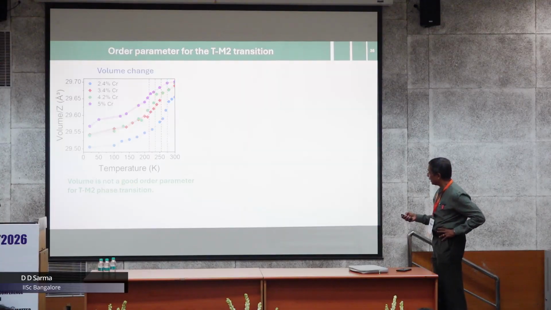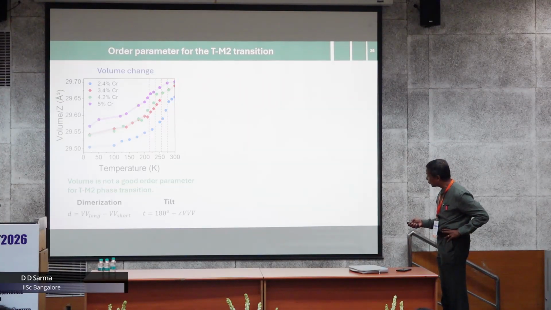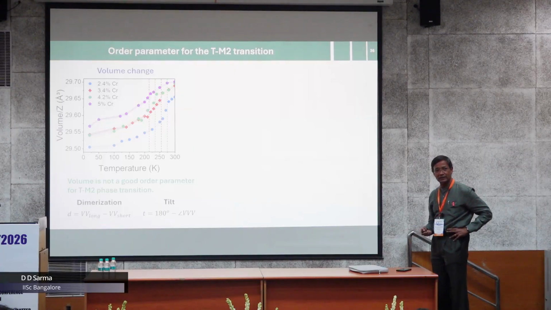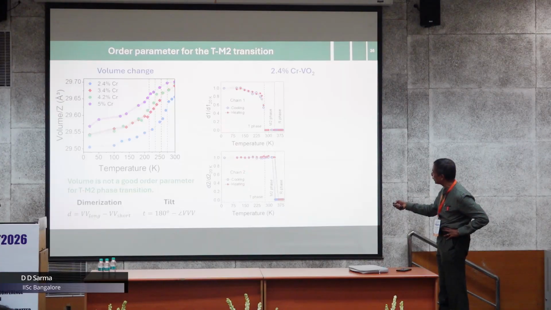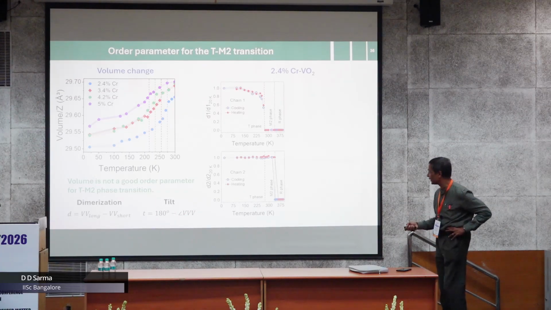But this is where my student Shayak looked at it rather carefully, and he said, let's look at the dimerization and tilt from the crystallographic data. We know that chain 1, if I'm looking at only the tilt, and the tilt is now defined as the long bond minus the short bond. So there's the dimerization measure, and there's the tilt measure, which is measured by 180 degrees minus the deviation from the 180 degrees.